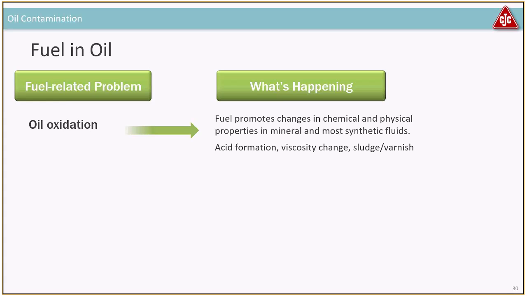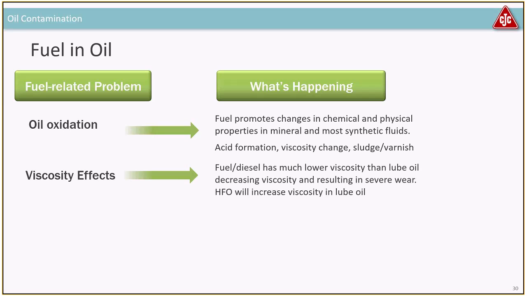There are some systems that also have issues with fuel, such as an engine where you're getting fuel into the engine oil. Fuel has completely different chemical properties than oil, so it doesn't have the additives and so on. So you can create big problems and very fast degradation of the oil.